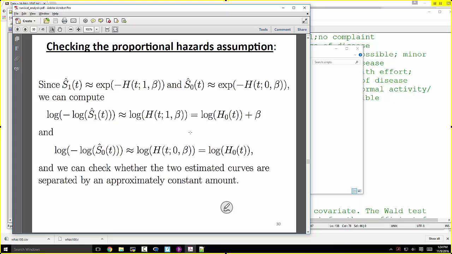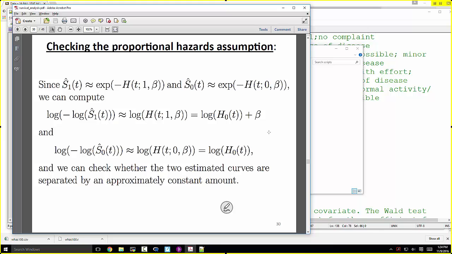And because of the relationship that we saw earlier between a survival probability and a cumulative hazard, if you just apply a log transform and then negative that and then log transform again, you have this relationship that I was describing.